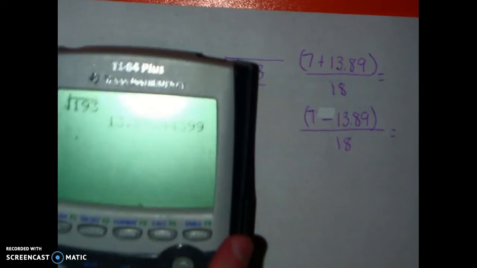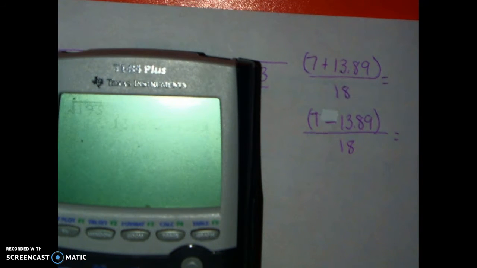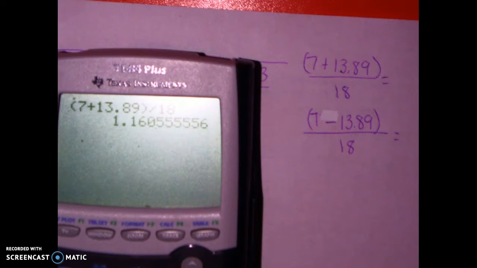Okay, so let's see what this comes up with. 7 plus 13.89 divided by 18 is 1.16, and 7 minus 13.89 divided by 18 is negative 0.38.